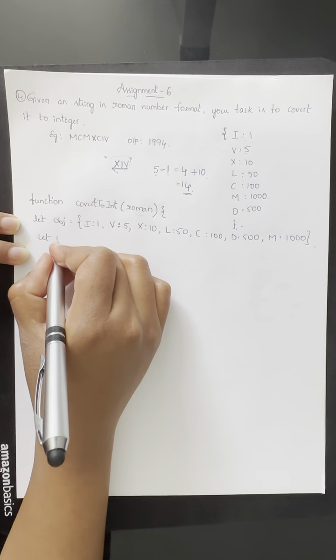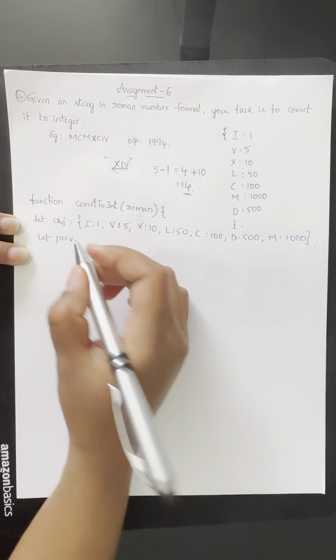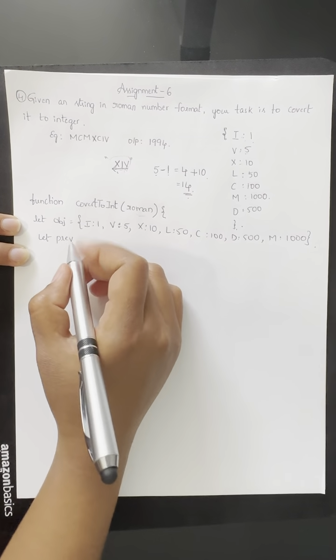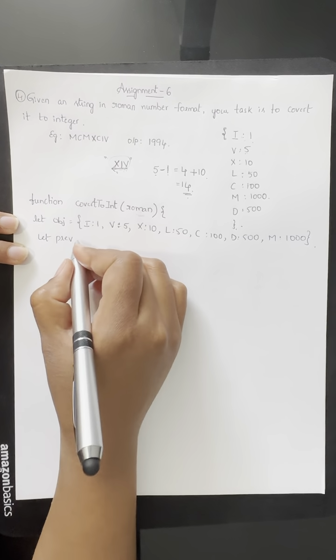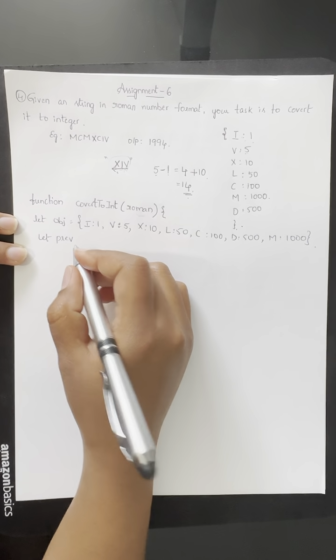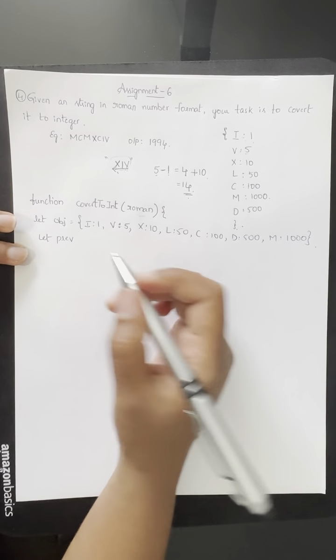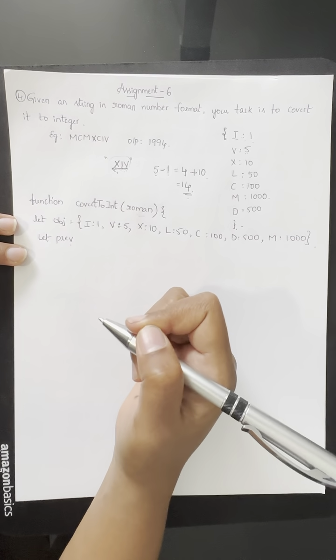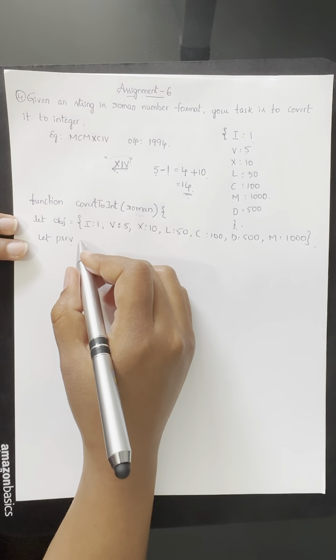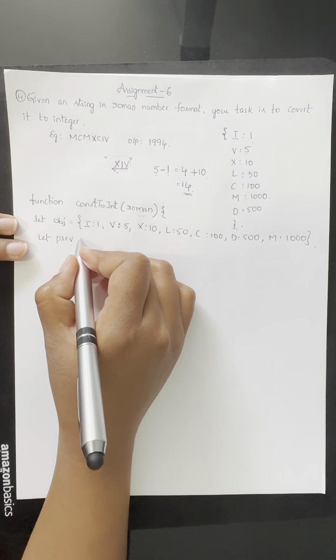And we'll need to have one variable called previous, so that we will be able to check if the previous value is greater or lower than the current one, so that we'll know if we need to add the number to the result or subtract it.